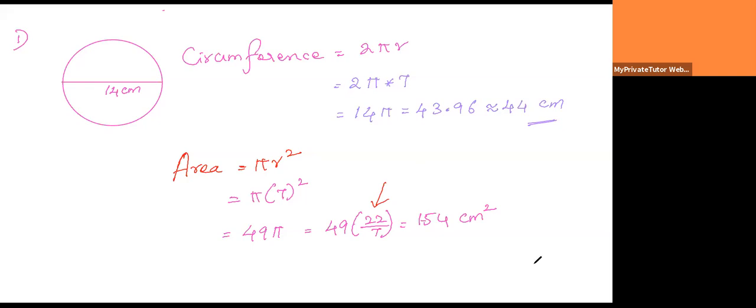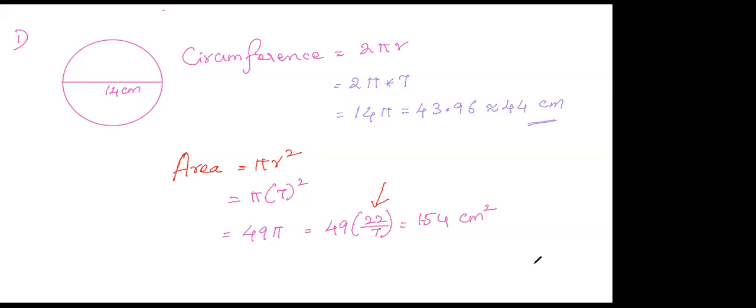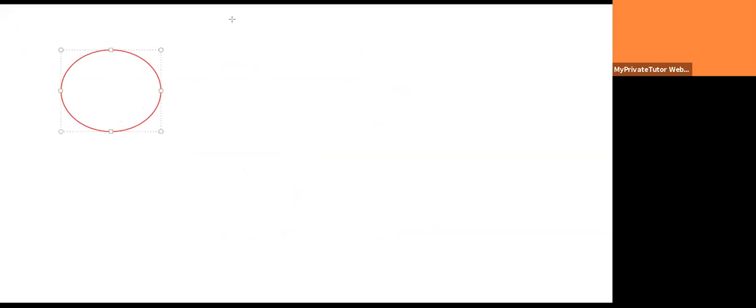Since you interacted, I hope you understand. So let's go to the next type of question. In a circle, we might get a question where the circumference is given. Let me just take a second.